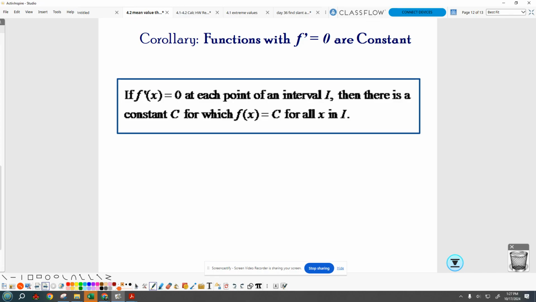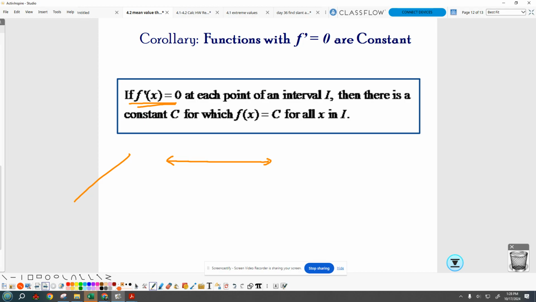What does this say? First derivative is 0. What kind of line do I have? A horizontal line. So if the first derivative is 0, what does that mean about the equation of the line? It is a horizontal line. Do I know if it's y equals 5 or y equals 2 or y equals 7, negative e? I don't know.